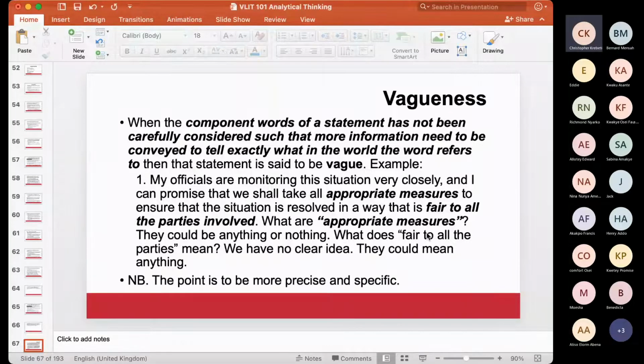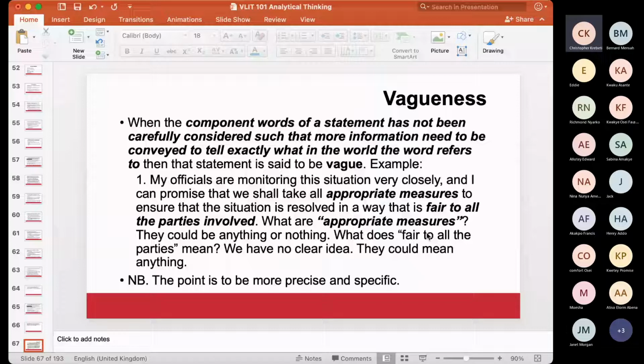Appropriate measures is so vague. It can mean anything. That is the reason why those who use vague, emotively charged language always get their way around. They say something, and when you examine it and say, but this is what you mean, they say no. Oh, this is what you are communicating, they say no. That is what makes it vague.